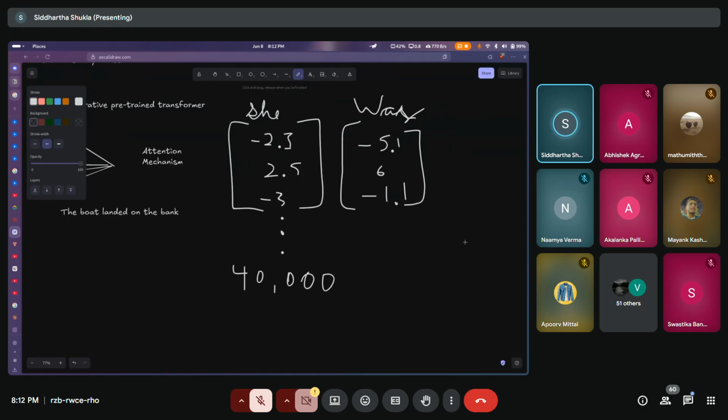So what attention is basically going to do is let these two vectors communicate with each other. How the communication works uses something called key, query and value matrices, and I'm not going to touch those right now. They are too far beyond the scope of this lesson. But anyway, they change the mappings of these vectors.